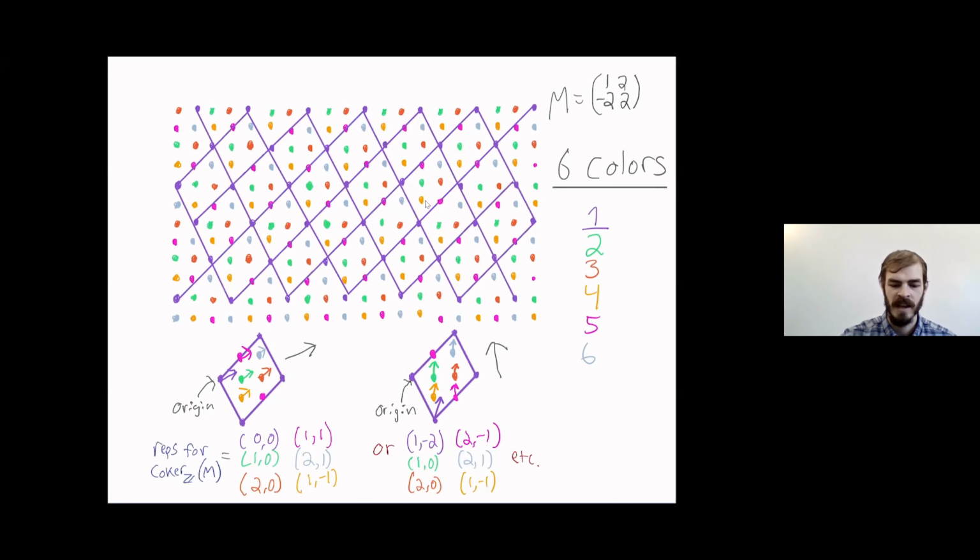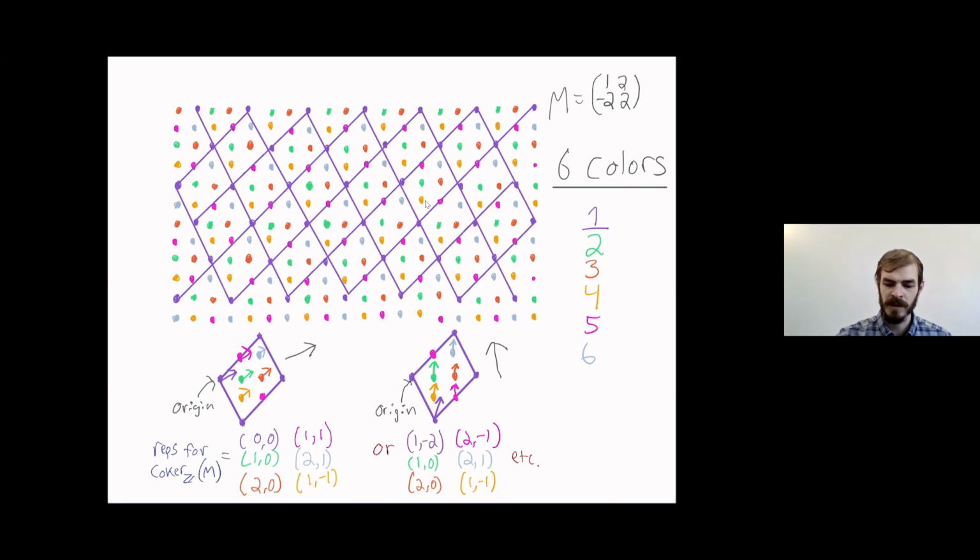So we could say, shift them in this direction. And then we just check which points are going to get shifted into your parallelogram. So in this case on the left, we have these 6 points, and we'll notice that there's exactly one of each of the 6 colors. So this gives you a way to get a set of representatives for this co-kernel.